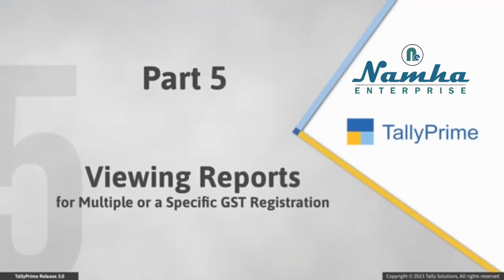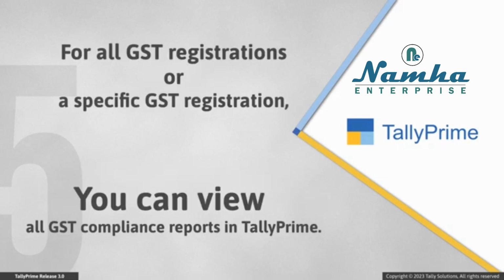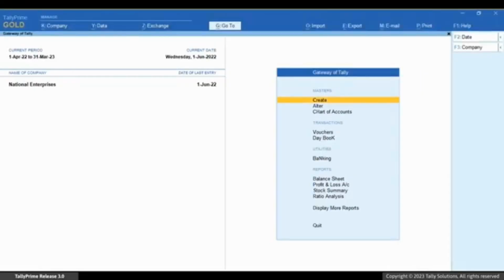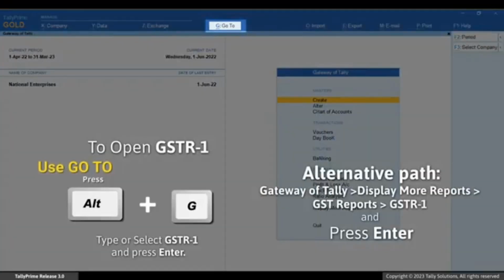Now, let us see how GST reports work with respect to multiple GST registrations. You can view GST compliance reports such as GSTR1, GSTR3B, GSTR2A, and Annual Computation Report for a specific registration. Open GSTR1. Press Alt+G.